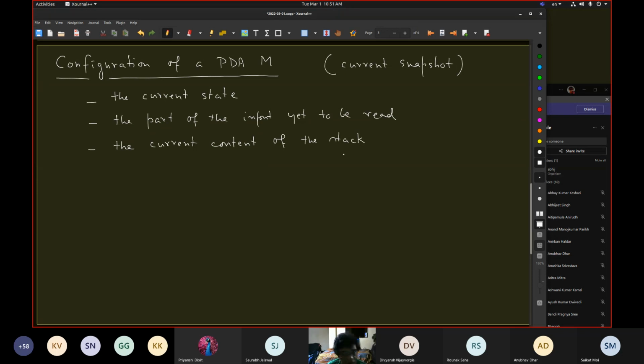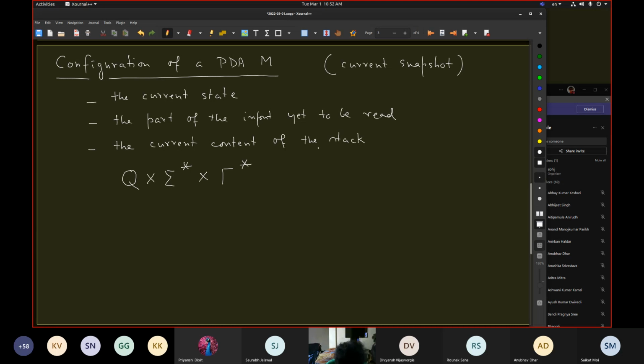So I define a configuration as a member of this set Q cross sigma star cross gamma star. Sigma is the input alphabet, gamma is the stack alphabet, and gamma star is the content of the stack. I usually write the stack content from top to bottom.